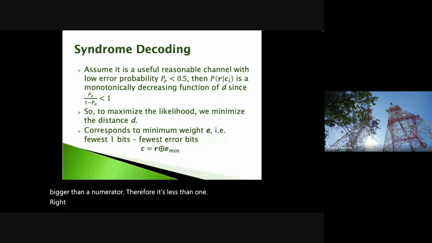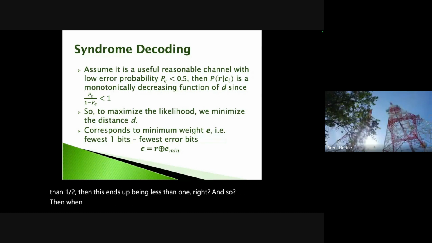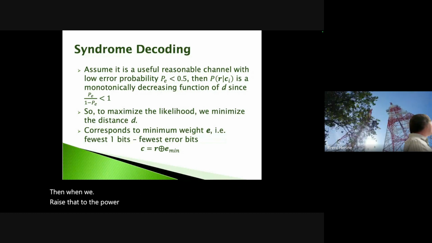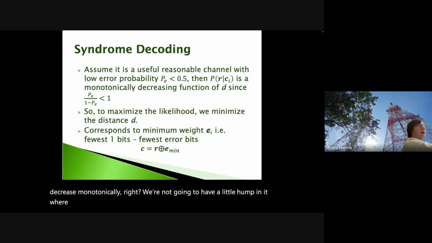So that condition, less than 1/2, means this ends up being less than 1. And so when we raise that to the power of D, it's going to decrease monotonically. We're not going to have a little hump in it where we might have a local minima or local maxima.